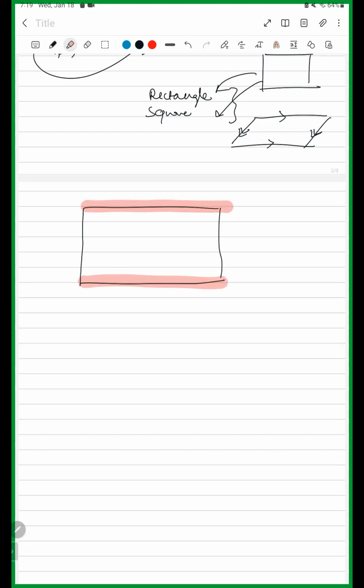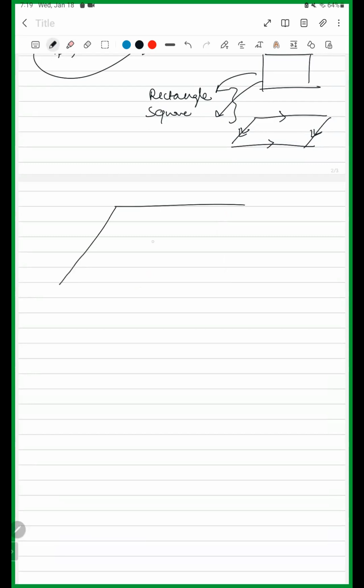They are opposite sides. Similarly, in your parallelogram, this side and this side are what? Opposite sides. एक दूसरे के opposite हैं ये. ठीक है? इसी तरह this side and this side are opposite to each other.